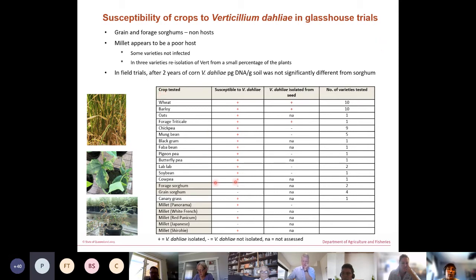But I just wanted to show you that we're looking at a lot of crops in the glasshouse to see whether they are hosts or not. But this also needs to be verified in the field. Just based on the work so far, certainly grain and forage sorghums are non-hosts. Millet is looking to be a really poor host, so a good option. And corn, even though it's been recorded as an asymptomatic host, is a really good option for bringing down inoculum.